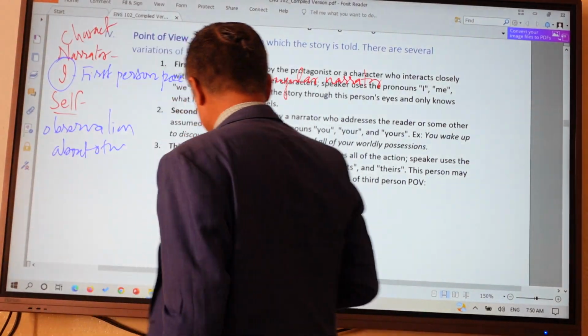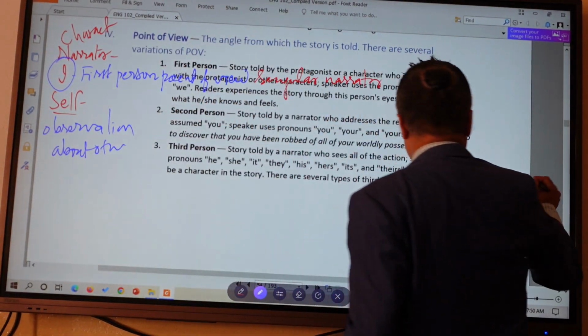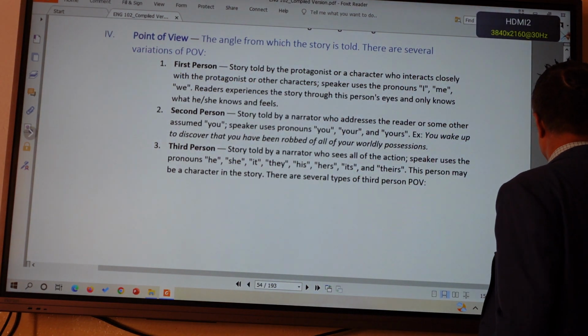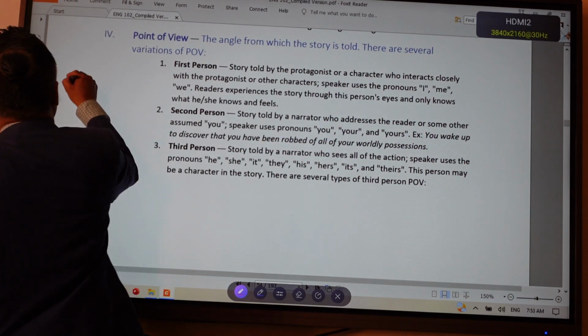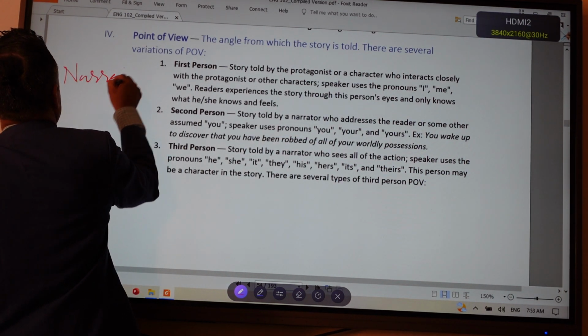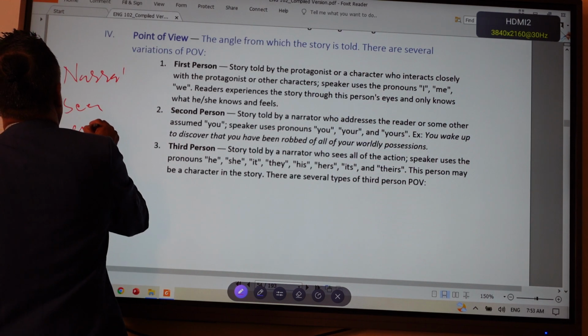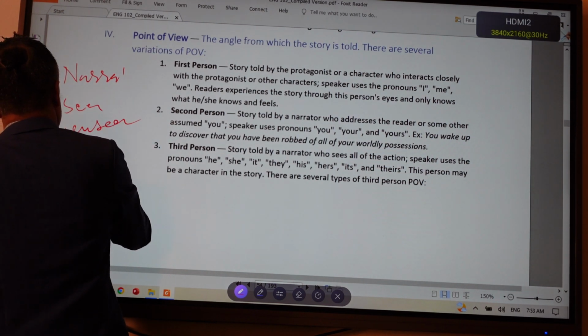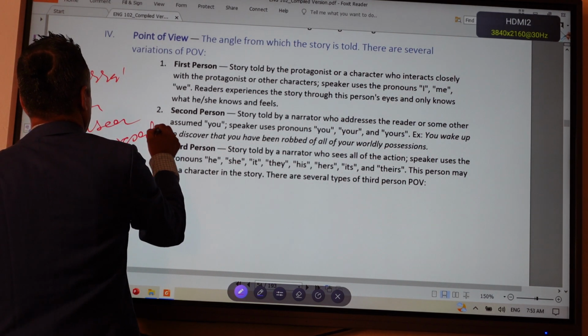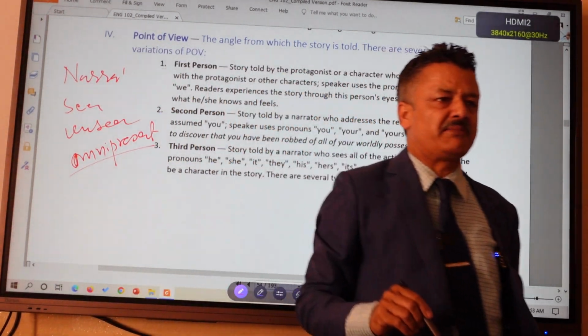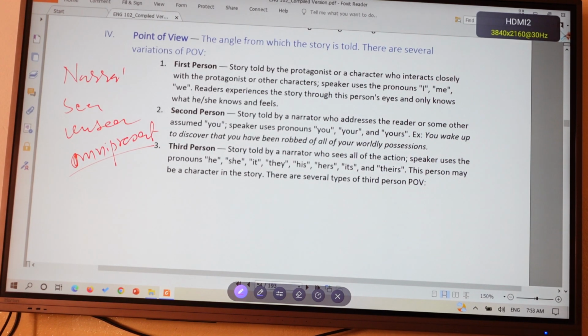Okay? Then a narrator can also be seen or unseen. That is called omnipresent. An omnipresent narrator is not here.